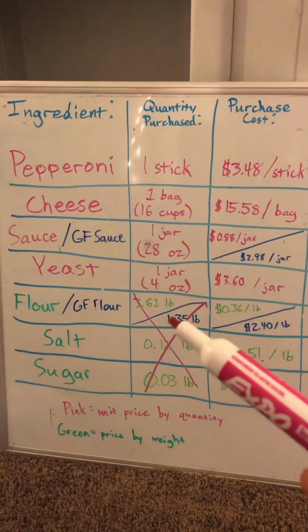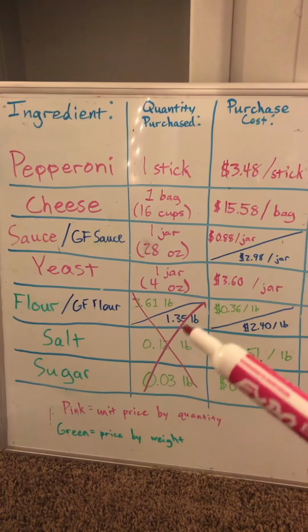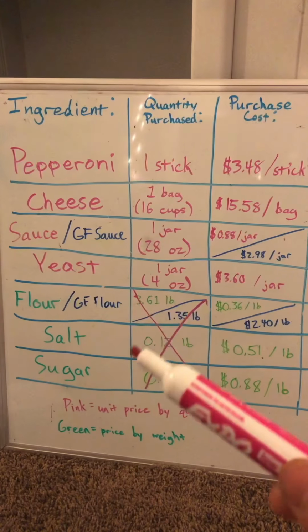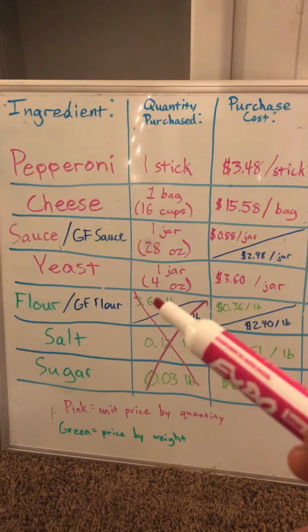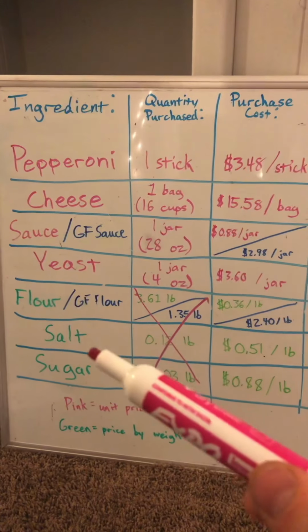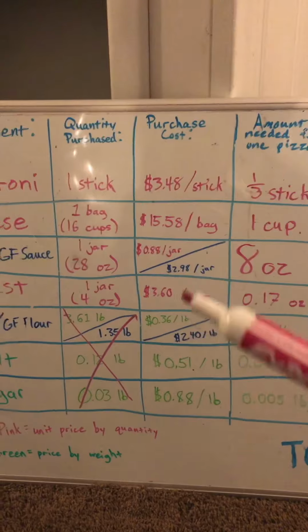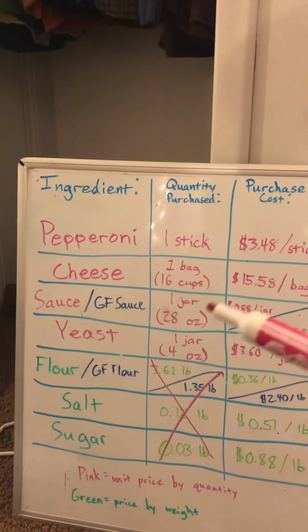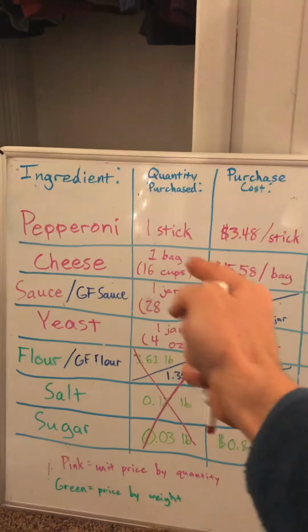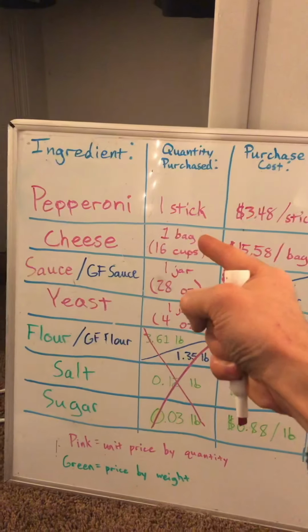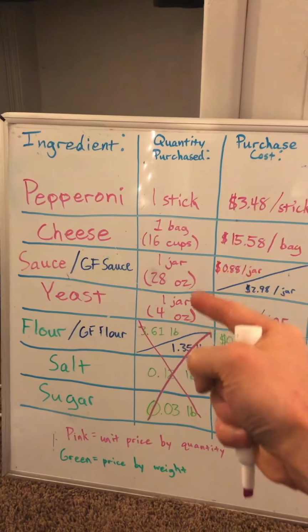The flour, these are exact amounts that I bought, but for these, we don't really need to worry about it as much. These ones that are in green here are things that are sold by weight. The other items are things where I had to buy a stick of pepperoni, or a bag of cheese, or a jar of sauce or yeast.